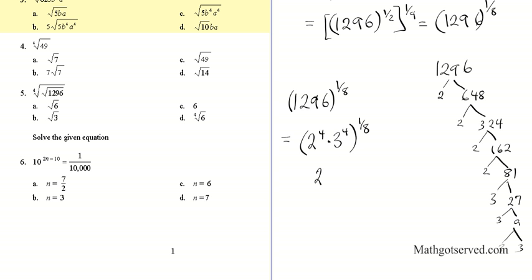So I'll have 2 times 3 raised to the 4/8. Because this 4, when I factor both of them out, I'm just going to times it up here. 2 times 3 becomes 6. 4/8 is 1/2 because you divide the top and bottom by 4. And then this can also be expressed as the square root of 6. So the answer to number 5 is letter A.